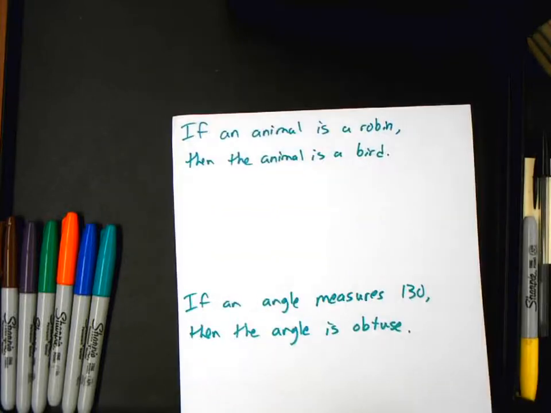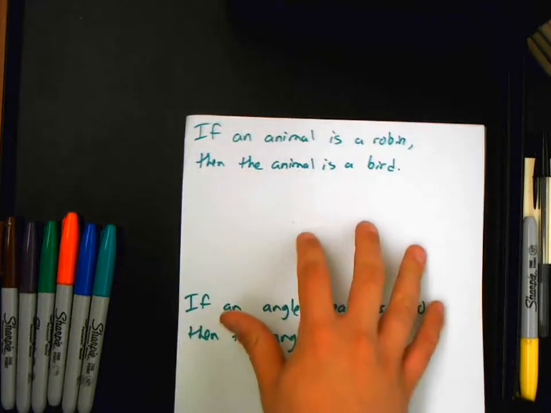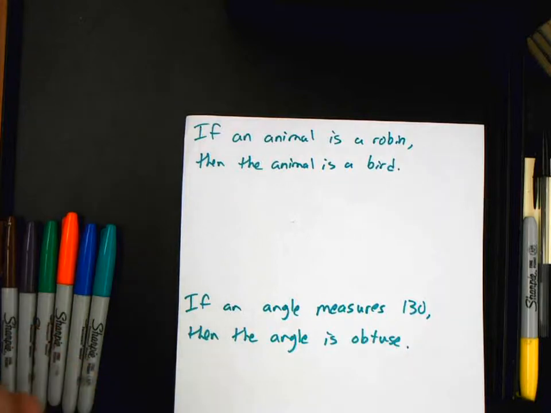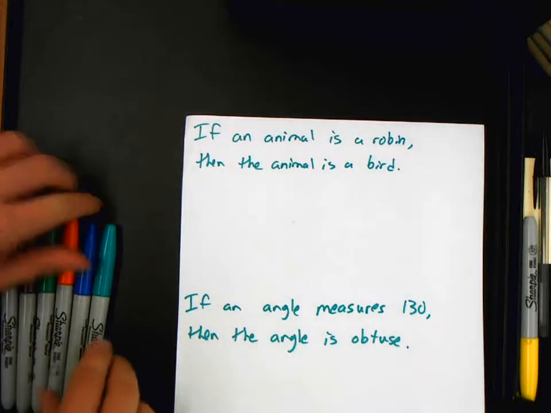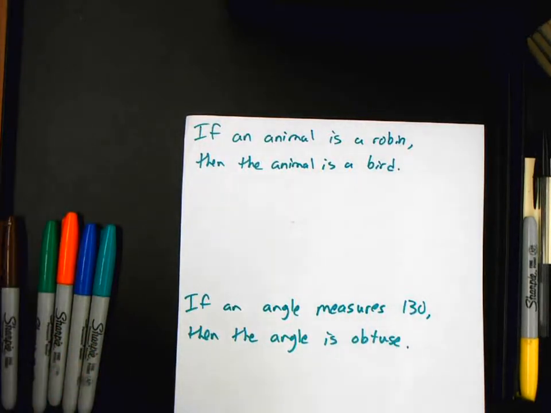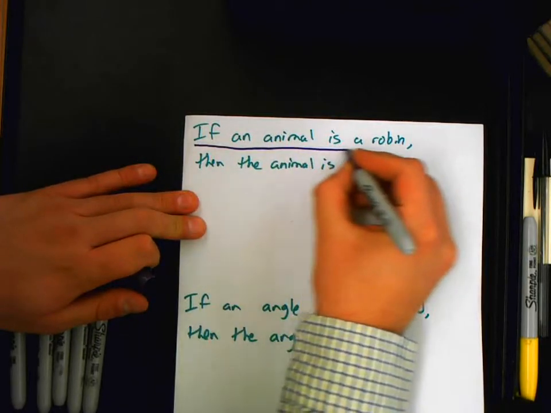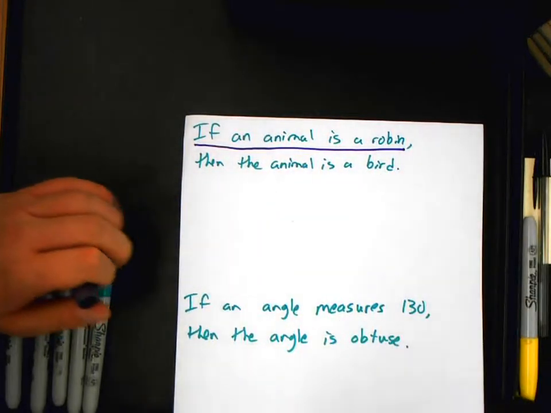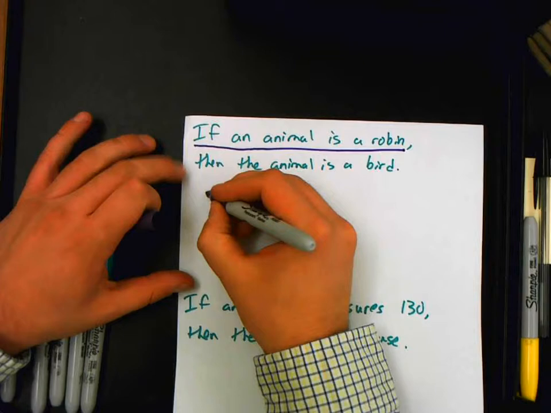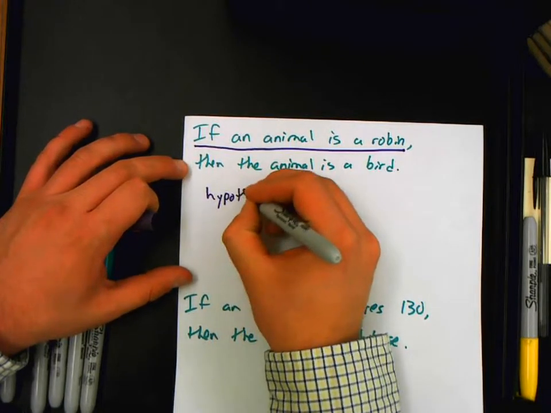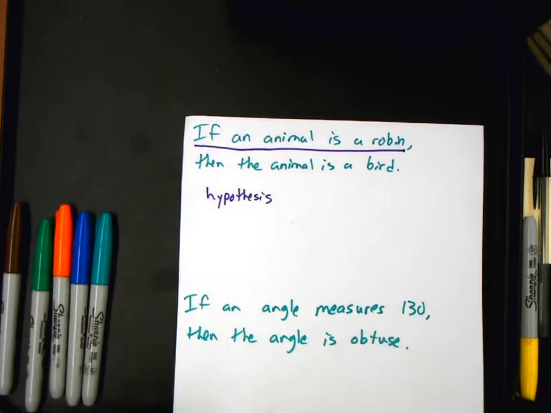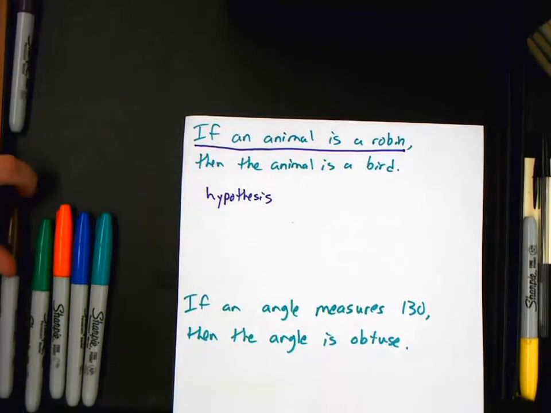A few examples. If an animal is a robin, then the animal is a bird. So your hypothesis right here, if an animal is a robin, is your hypothesis. The part that is immediately following your if is considered the hypothesis.